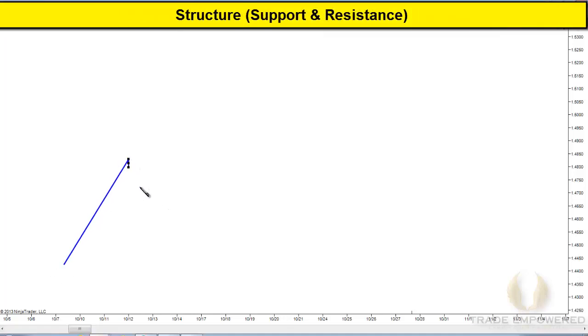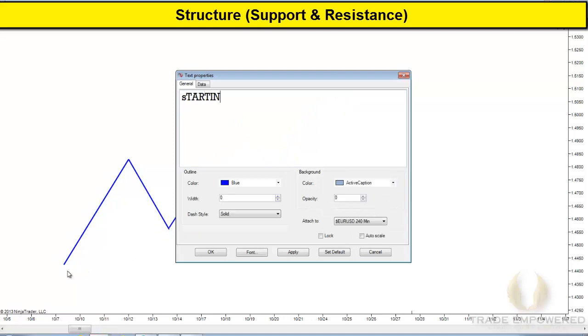If we go back to our initial trending market, so our starting point, initial structure high, outside return. New structure high, outside return. New structure high, outside return. Let me go ahead and label these. Starting point.